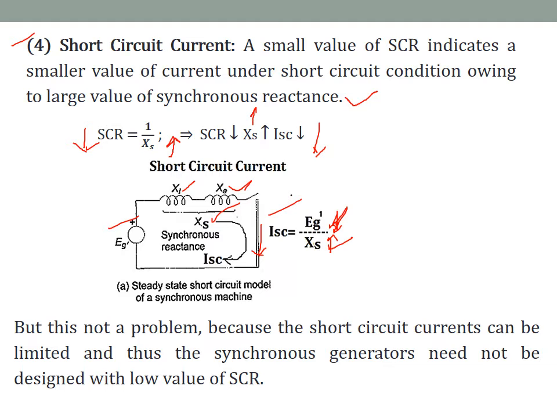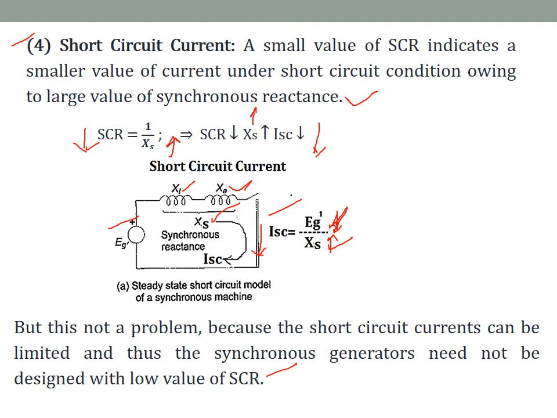But this is not a problem, because short circuit currents can be limited, and synchronous generators need not be designed with a low value of SCR. This may be the advantage of choosing a small value of SCR: you can limit the short circuit current. But in the previous cases, we have seen many disadvantages.